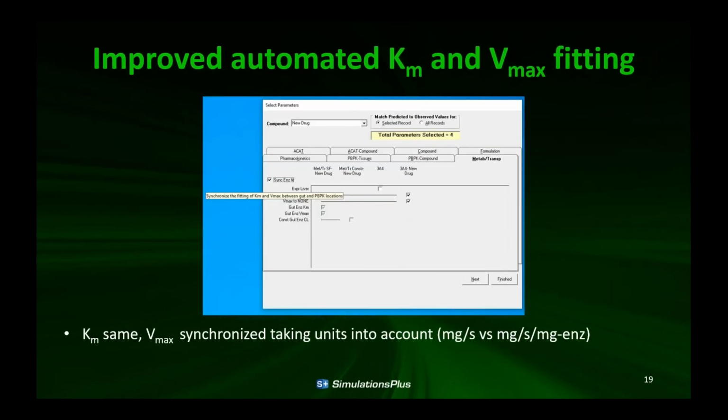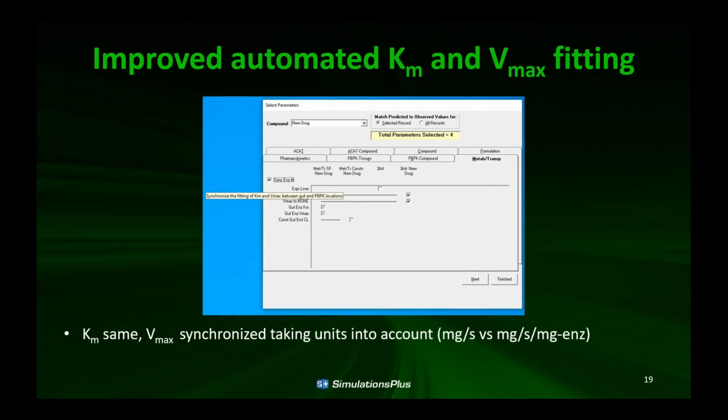For another improvement in the enzyme and the transporter module, if you try to optimize the Vmax and the Km, and this is a PBPK model, the program will provide you an extra input. If you check this checkbox, that means you want the program to synchronize the enzyme fit at the GAT location and at the PBPK location, because you don't want to optimize them separately.